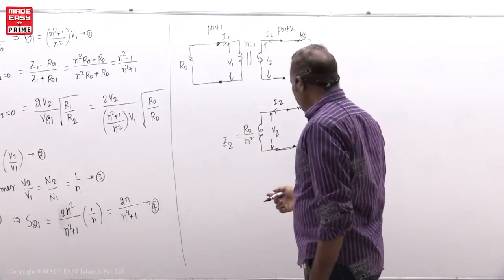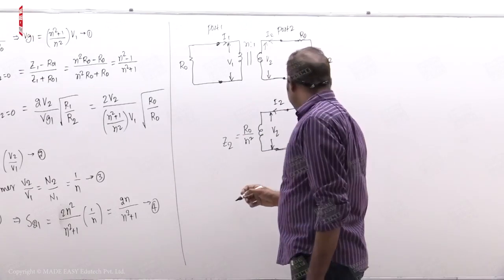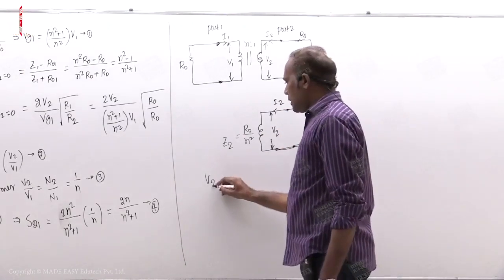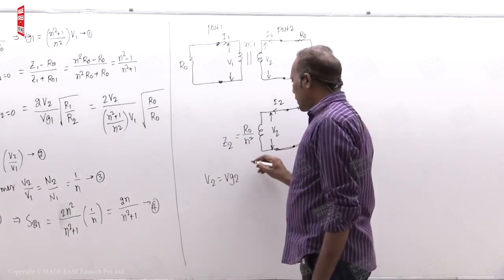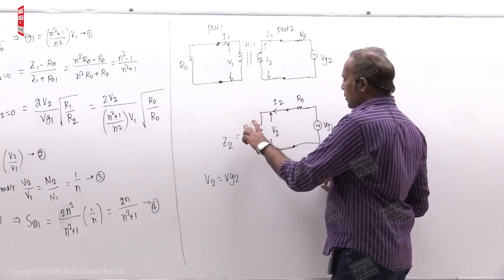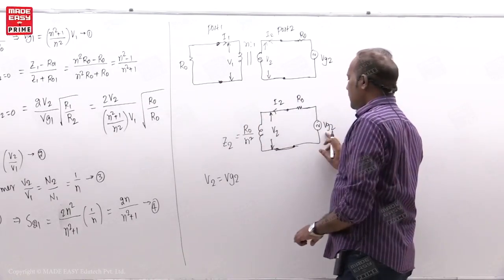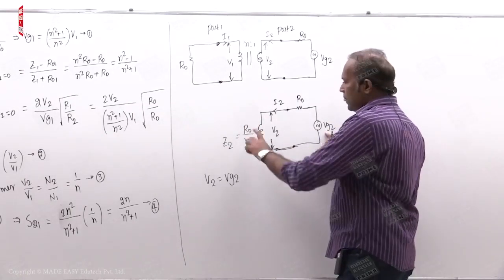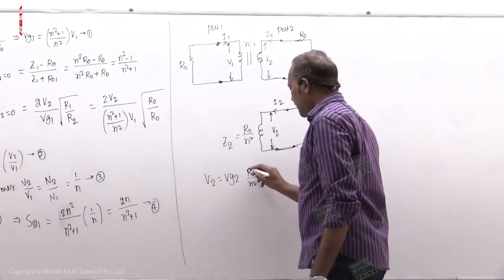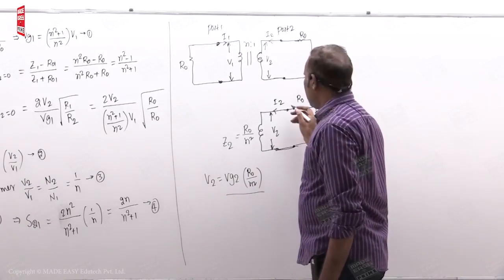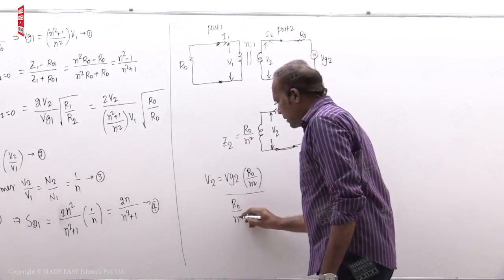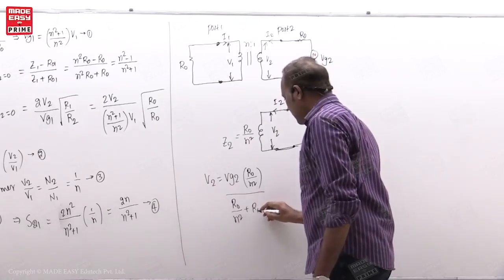So if you write V2 in terms of VG2, V2 is equal to VG2, network theory, student: the voltage V2 across this impedance is equal to the source voltage multiplied by this impedance, that is R0 by n square, divided by this plus this, so R0 by n square plus R0.